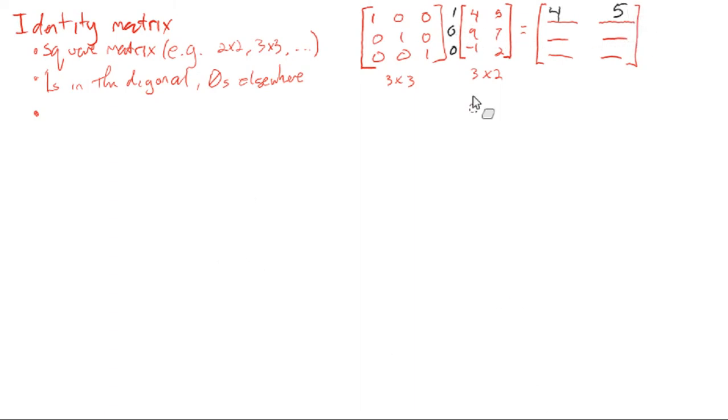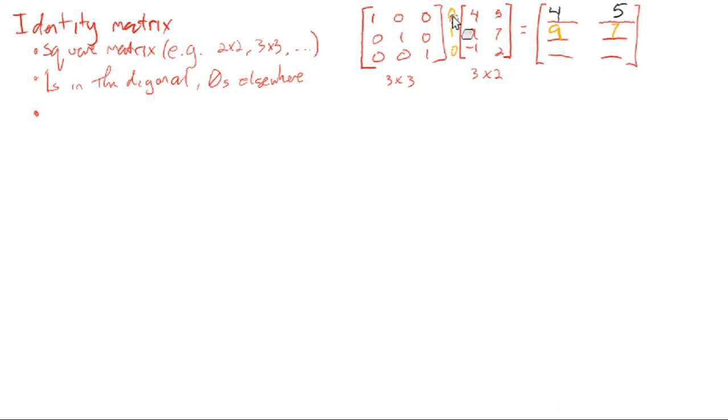Let's move on to the second row, first column. 0 times 4 is 0, and 1 times 9, that's a number that comes over. 0 times negative 1. Second row, second column, 0 times 5 is 0, 1 times 7, so 7 comes over, 0 times 2, that's 0.